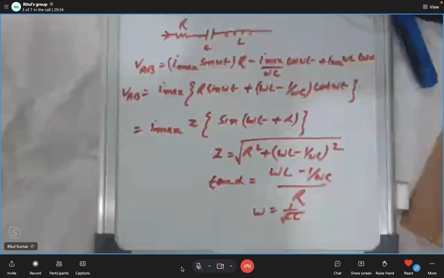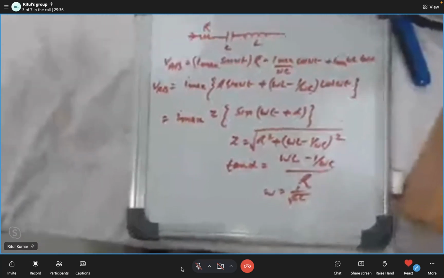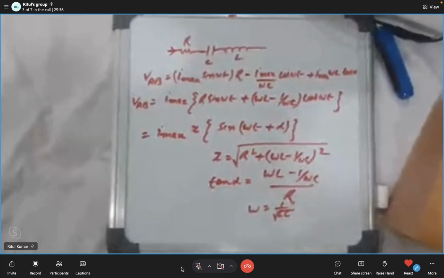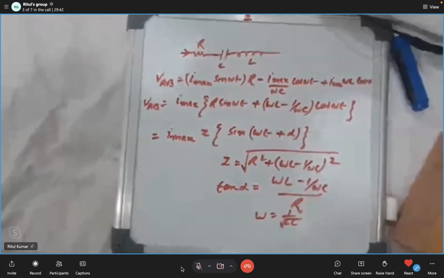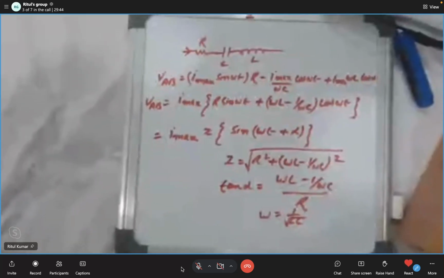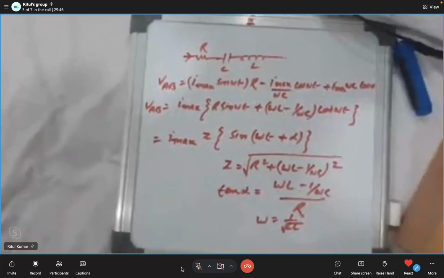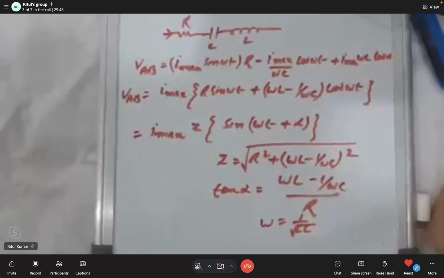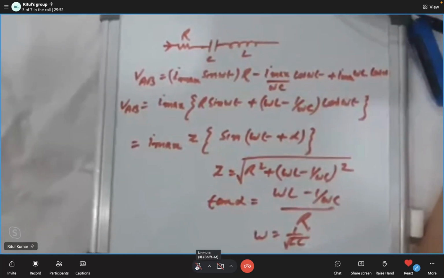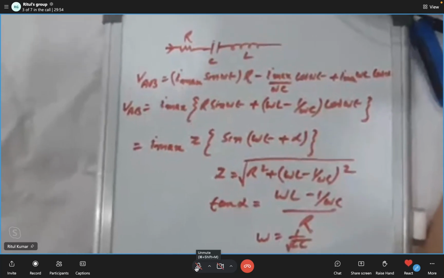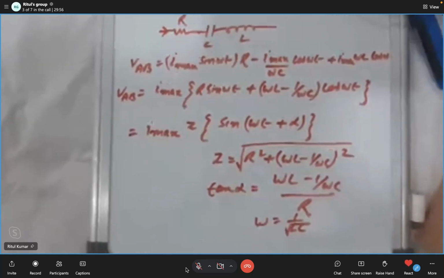But let me ask you before I get the plot from you. When I say the circuit is resonating, then Z will take the shape of R, correct? And if Z becomes R, then current is maximum, isn't it?